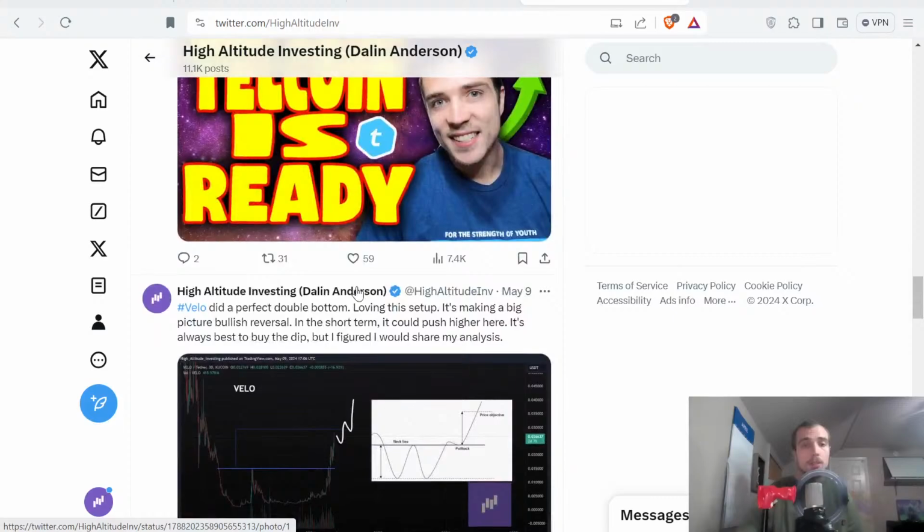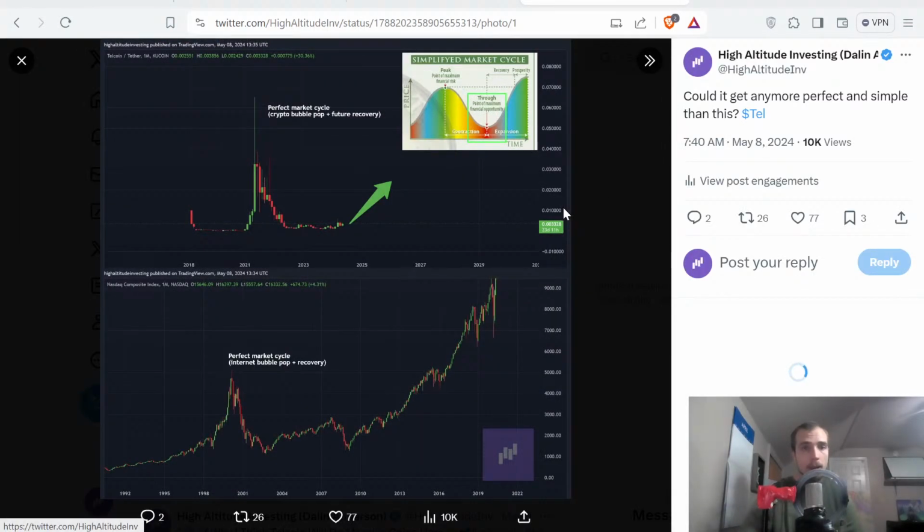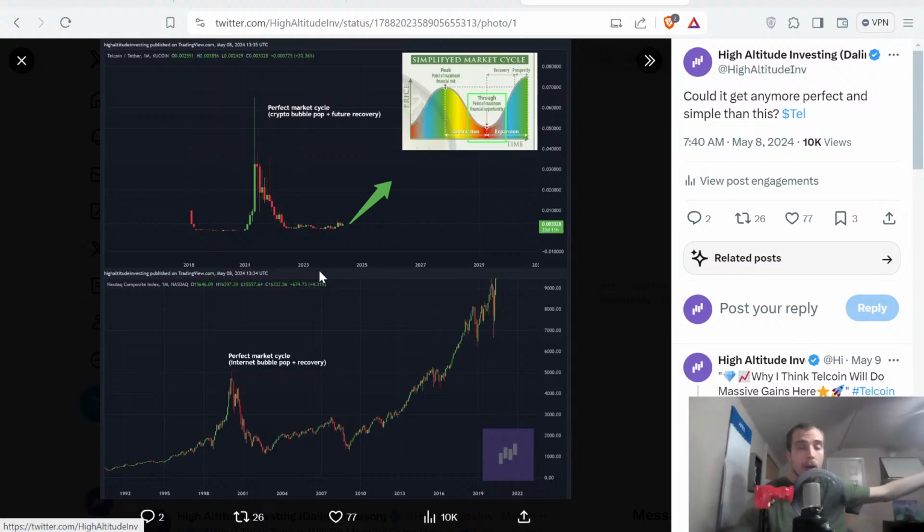But human emotion repeats on every single time frame, right? Look at Telcoin. Earlier I was talking about how it doesn't matter if you're trading silver or gold or crypto. The bottom chart is the NASDAQ Composite Index. That's the stock market.